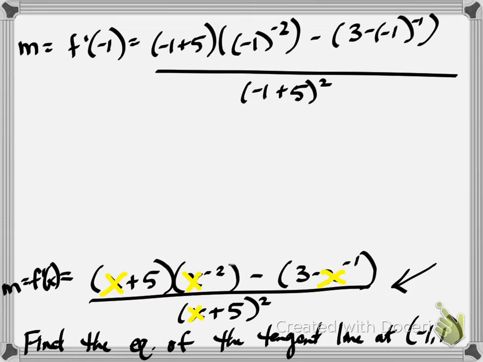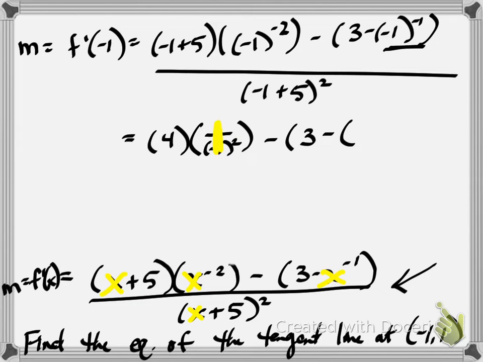I'm yucky. So cleaning this up, we've got a 4. Negative 1 to the negative 2, that's like 1 over a negative 1 squared. It's 1. The whole value is just a 1. Minus 3 minus this negative 1 to the negative 1.